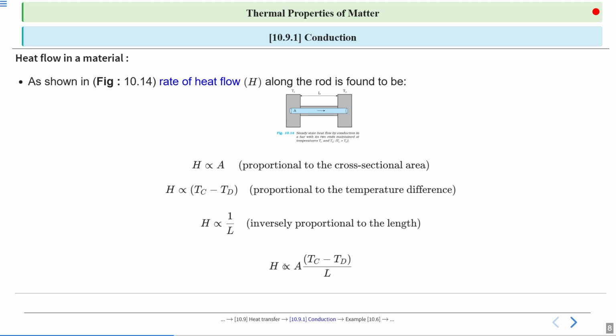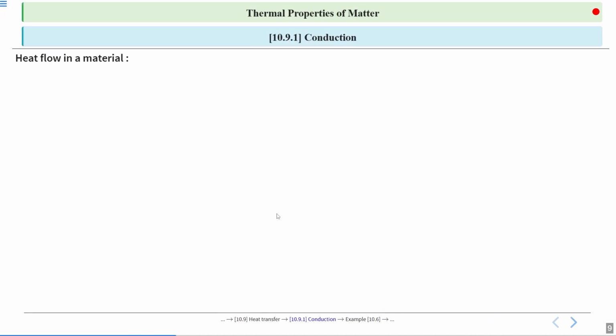For removing the proportionality sign, we use a constant here. So let's see the mathematical formulation.